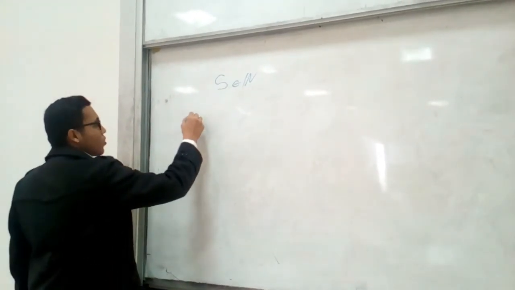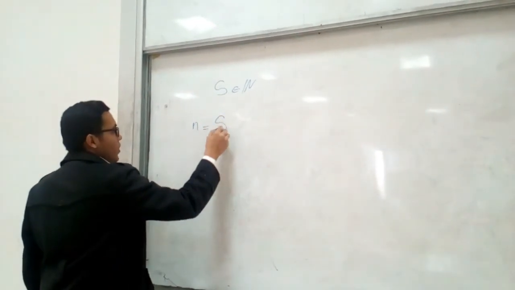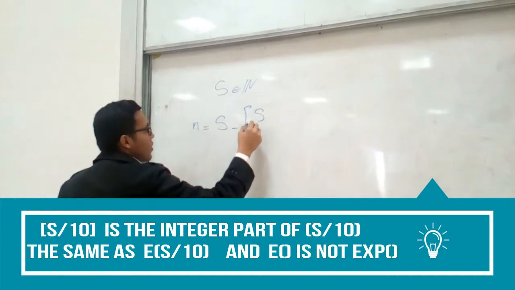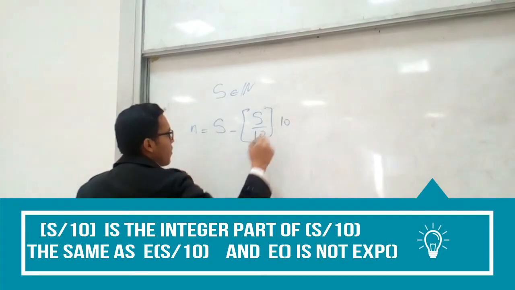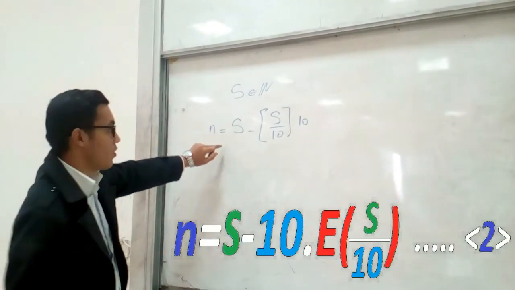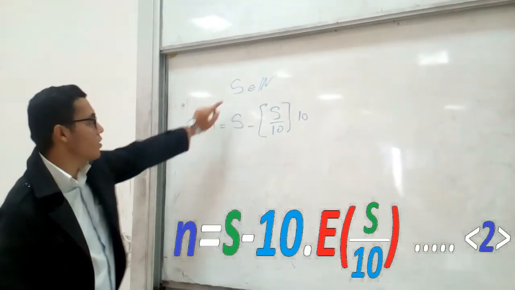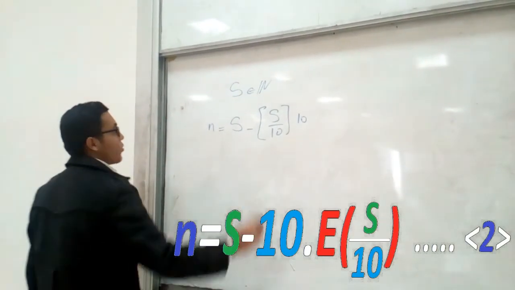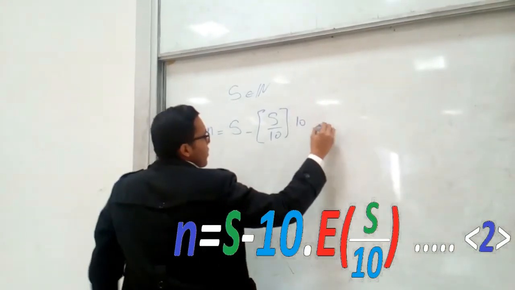So let's call the last digit n. n is equal to this number minus the number divided by 10 multiplied by 10. This over here, let's call it a function. This function will give you the last digit of the number s. It's really cool. And now we have this.